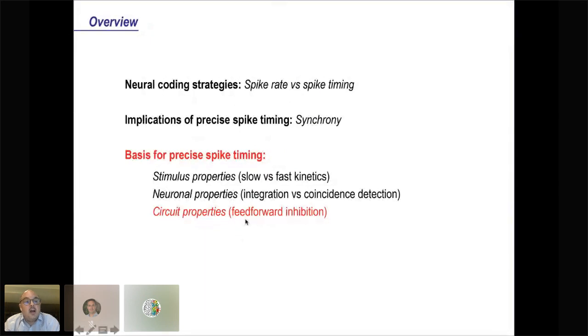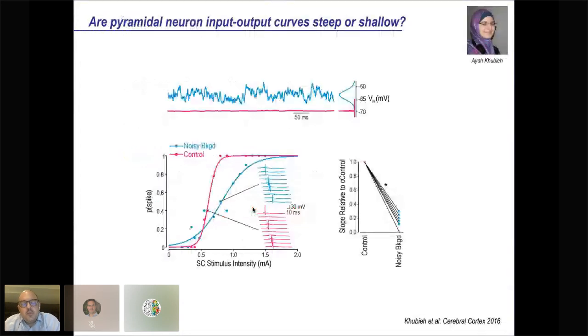I'm going to focus especially on the idea of feed-forward inhibition. And this study was actually prompted by a study that came out of Scanziani's group that claimed that pyramidal neurons have very steep input-output curves, and therefore, right, which we see here, if we stimulate the Schaffer collaterals, you reach a certain threshold where the neuron goes from not responding at all to responding on every trial, and it's very steep.